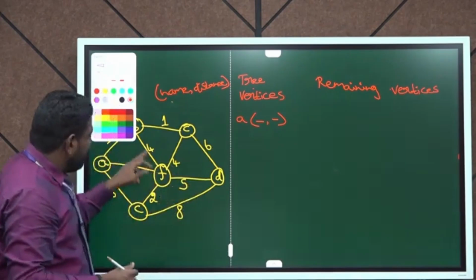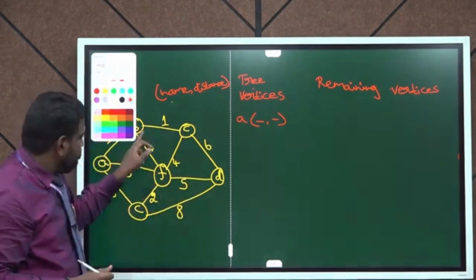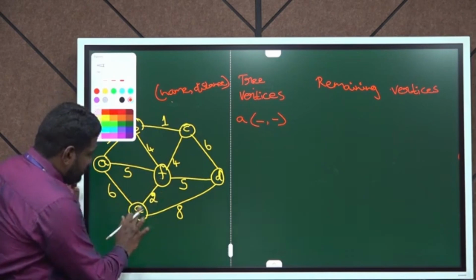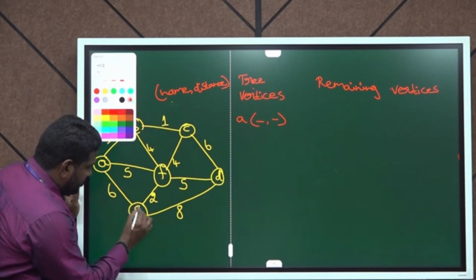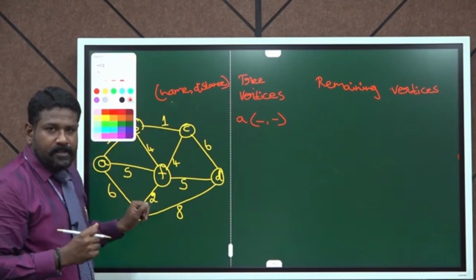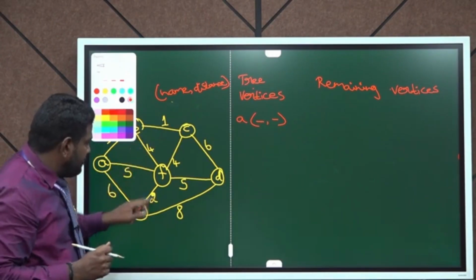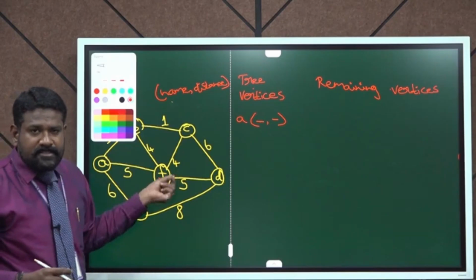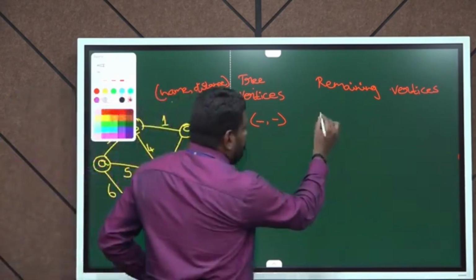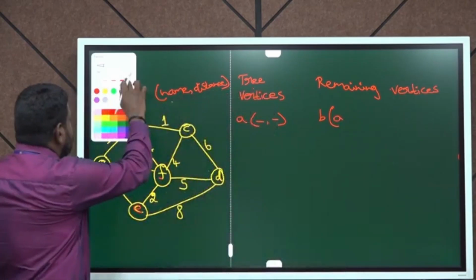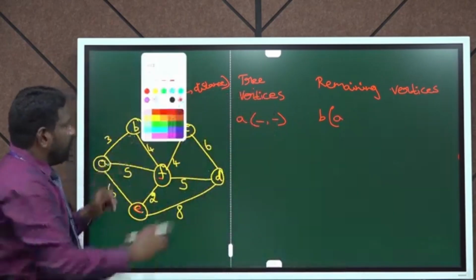From A we have 3 different adjacent nodes, B, F and, here there is a mistake, it is E. Okay. So there are 3 different adjacent vertices, B, F and E. So these are all the adjacent vertices to A. So writing from B, A is the adjacent vertex, and the distance value from A to B is 3.